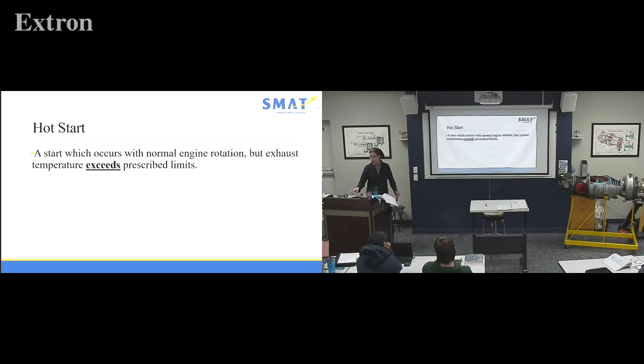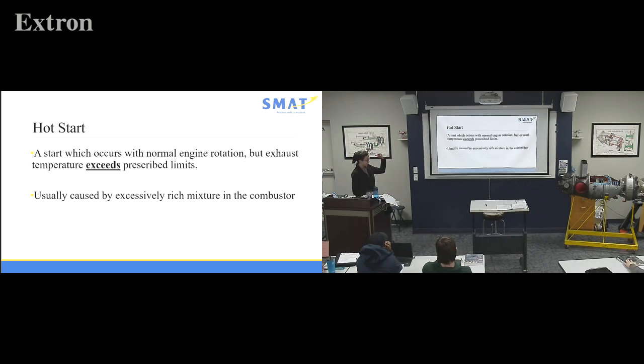A hot start is usually caused by an excessively rich mixture, too much fuel, getting too much fire, too hot. So too hot of exhaust, too hot onto your turbine inlet, you need to shut down. But on the King Air, we're watching fuel flow. If that's going too high, that's when we shut down before our temperature gets too hot.